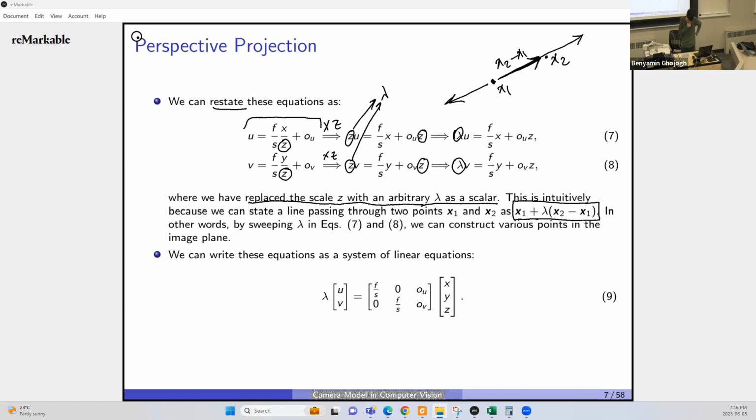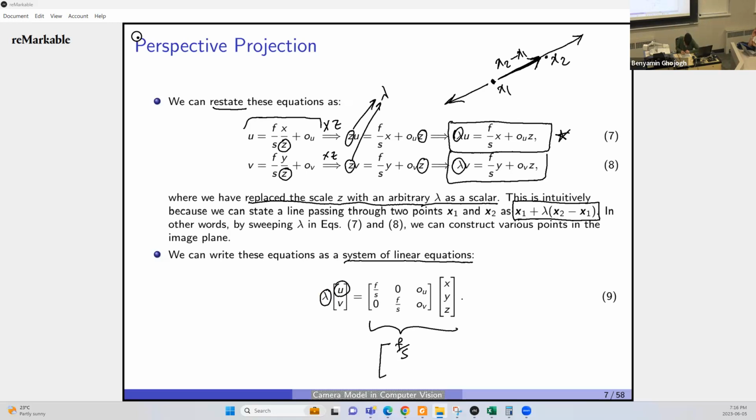So now we have these two equations. We can write them as a system of linear equations. We do that a lot in camera models. Consider equation 7: lambda u equals, let's multiply, f over s times x plus 0 times y plus ou times z.